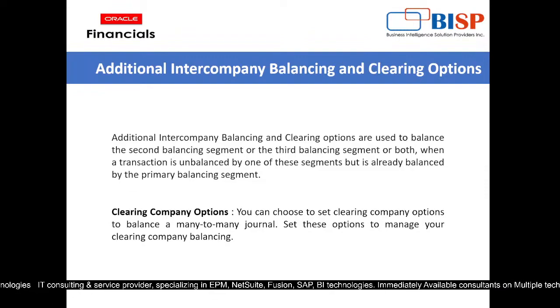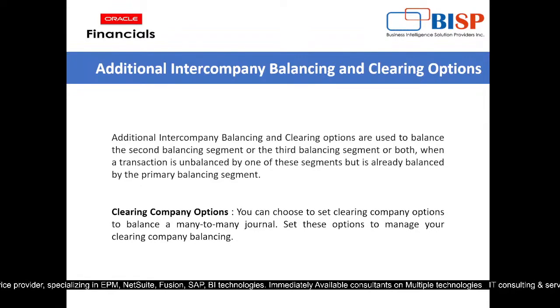This option is defined for a ledger, but you can create rules for various source and category combinations. Additional intercompany balancing and clearing options include the following settings. The first one is the intercompany receivables and intercompany payables accounts.